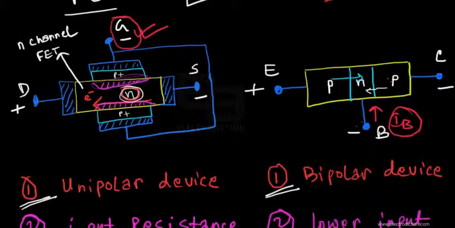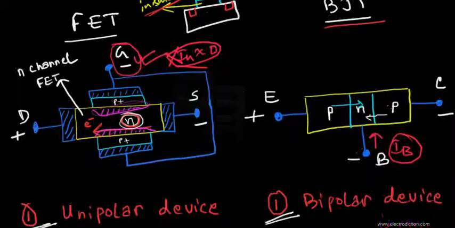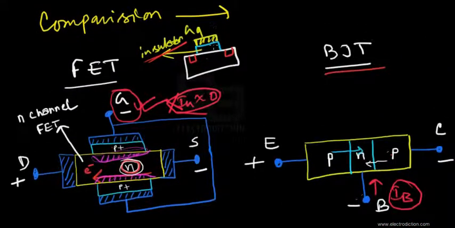Now here you can see that in the case of the JFET, since the gate and channel junction is reverse biased, the gate current would be approximately 0, or rather the gate current basically doesn't exist at all. And in the case of the MOSFETs, there is an insulator layer between the gate terminal and the semiconductor substrate in which the channel is formed.